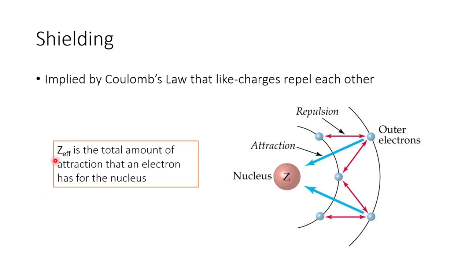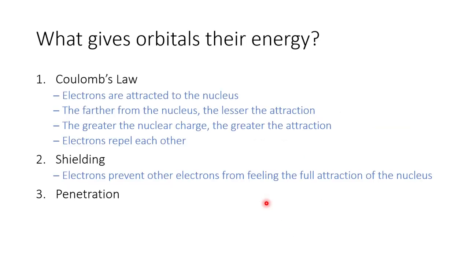So instead of just the nuclear charge Z, we call it Z effective, and that's the total amount of attraction an electron would have for the nucleus, and it takes into account this barrier of negative charge that lessens the overall effect of the nuclear charge. So what shielding does is some electrons in the lower energy levels prevent other electrons from feeling the full attraction of the nucleus.